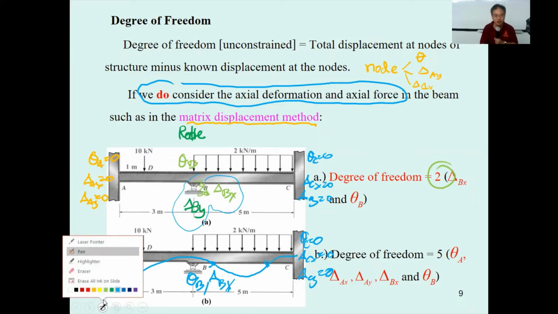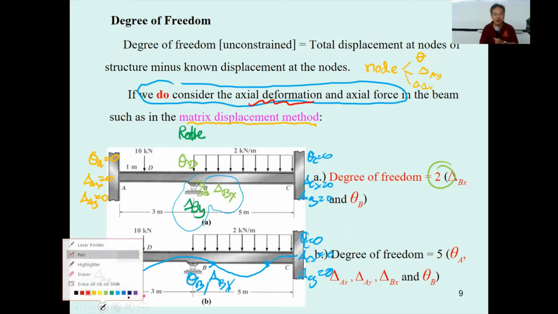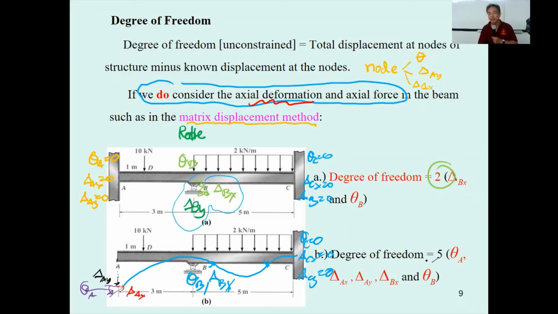You will have the vertical deformation delta sub ay, the axial deformation delta sub ax, and finally the slope theta sub a. So you have a total of 5.